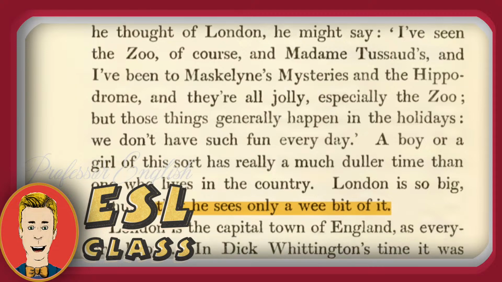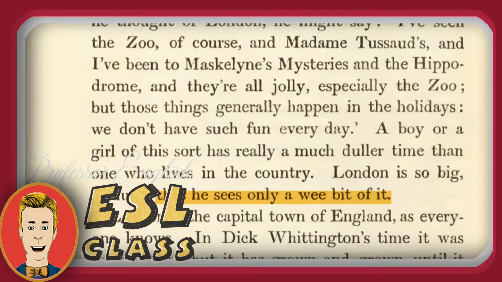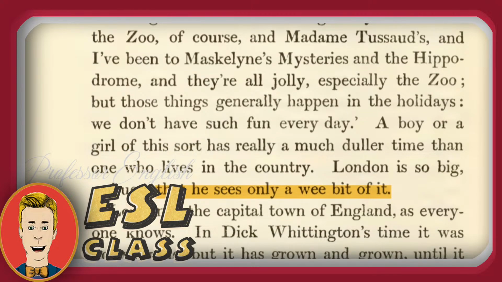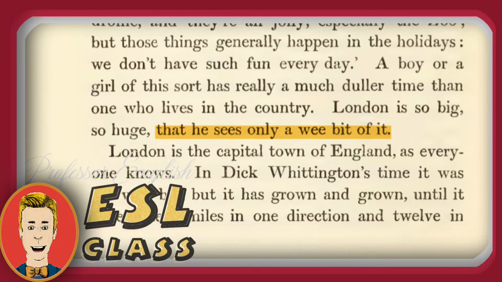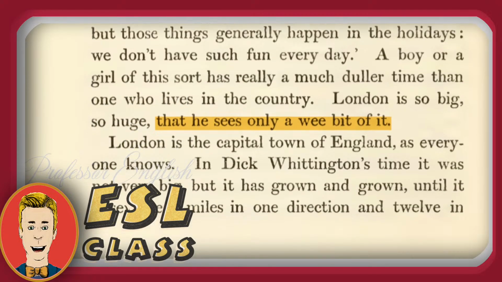We don't have such fun every day." A boy or a girl of this sort has really a much duller time. Remember dull? They keep using that word. That means boring. So these boys and girls, their time is more boring than the ones who live in the country. London is so big, so huge, that he only sees a wee bit of it.